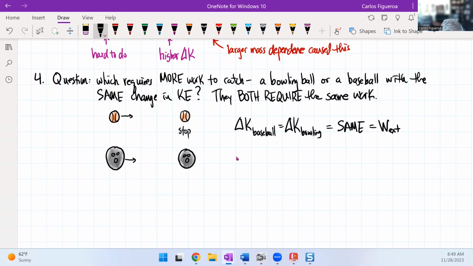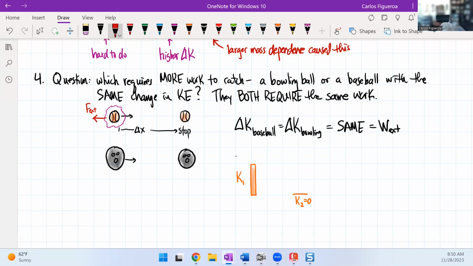The work energy theorem says that if I throw a ball and it has this amount of kinetic energy, and then at the end I have 0 kinetic energy, then the only way this could be true is that there has to be an external force operating in the opposite direction as I move this guy some distance from there to there.